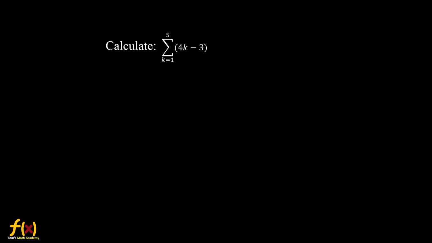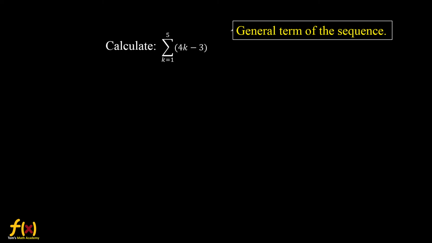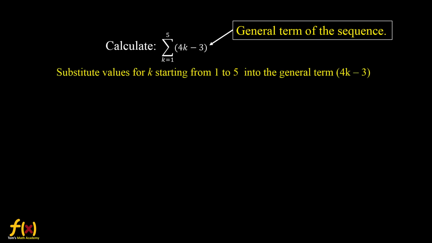Question: calculate sigma k equal to 1 to 5 of 4k minus 3. What is this 4k minus 3? That is the general term of the sequence. So the method is, we substitute values for k, in this question from k equal to 1 to 5.